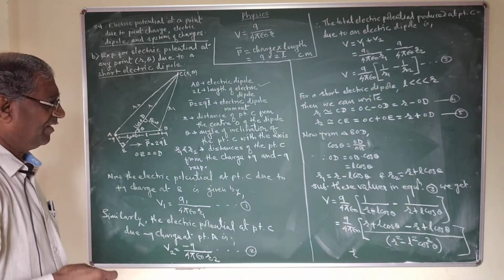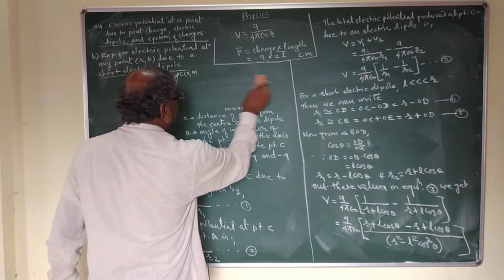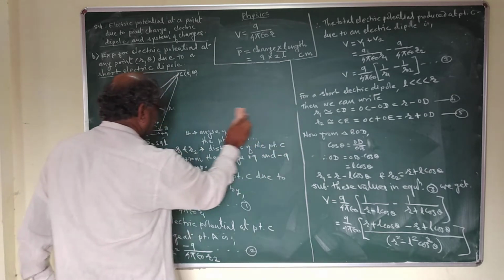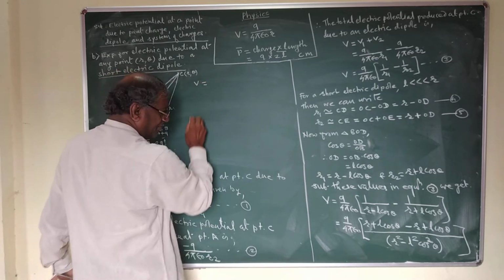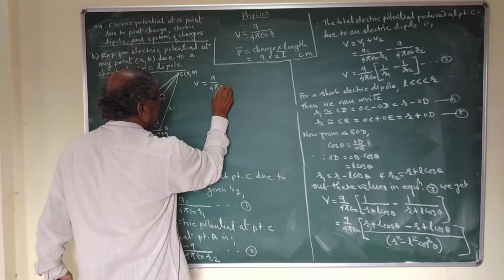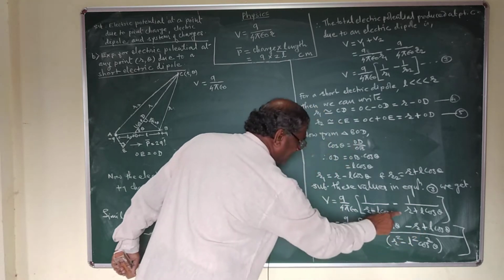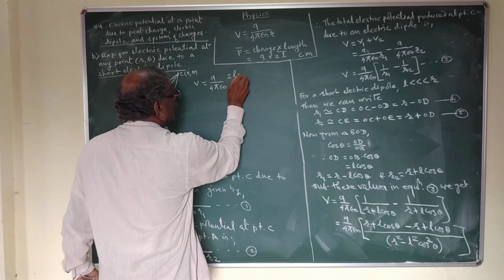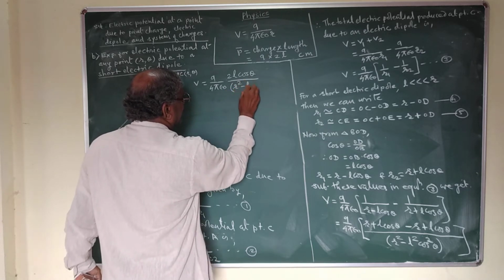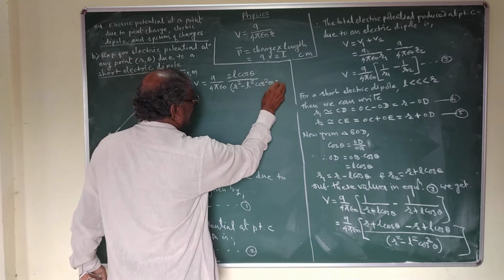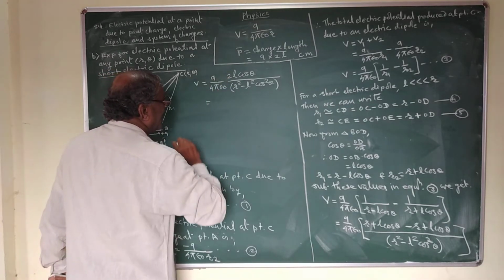This is the equation, or this can be written as V is equal to Q upon 4 pi epsilon 0, R cancels, R minus R, into 2L cos theta upon R square minus L square cos square theta, or is equal to 2QL.